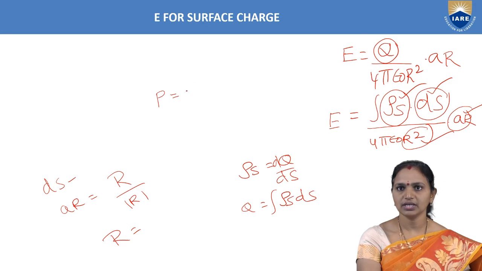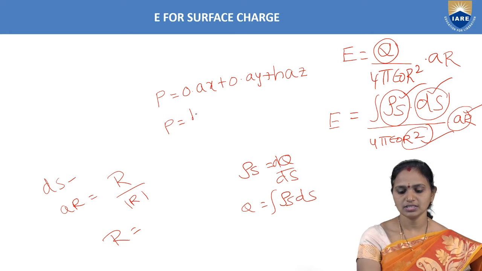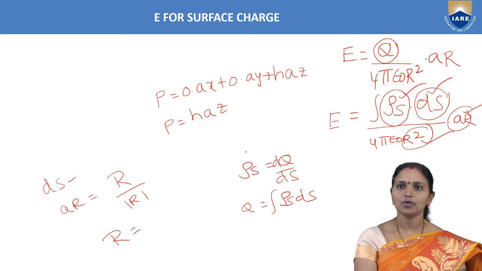We don't have any x coordinate variable, so 0 into ax, and the y coordinate is also 0, 0 into ay, plus the z coordinate value h. So point P in vector form is h az, which is the field point.